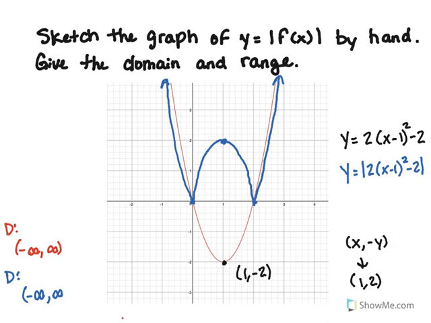The range of the original function was originally -2 to infinity. But the range on the new function has changed to 0 to infinity. And actually, one thing that I didn't do is this -2 would be included, right? So let's make it included. And the 0 would also be included, so let's make the 0 included.